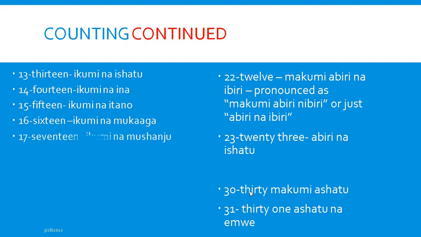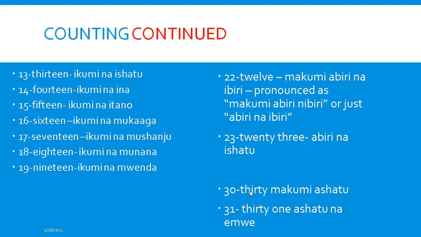That's why 17 is made up of 10, then you add 7: ikumi na mushanju. Then you have 18, ikumi na munana. Then we have 19, ikumi na mwenda.